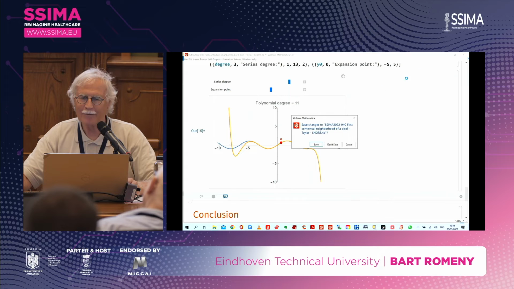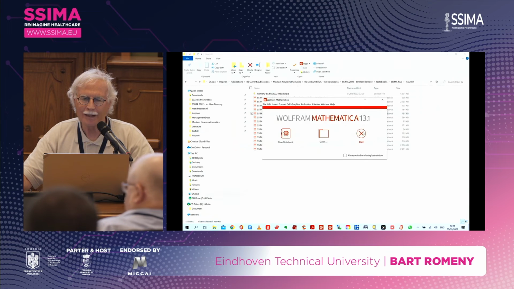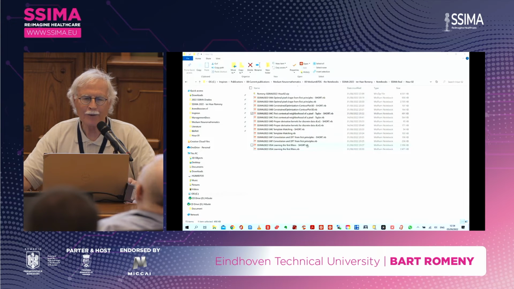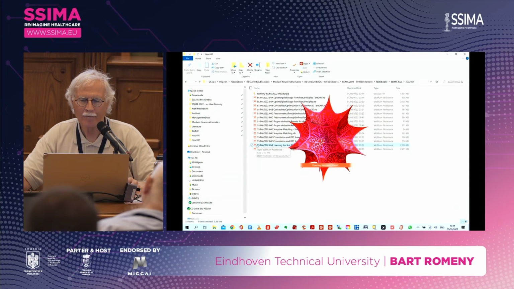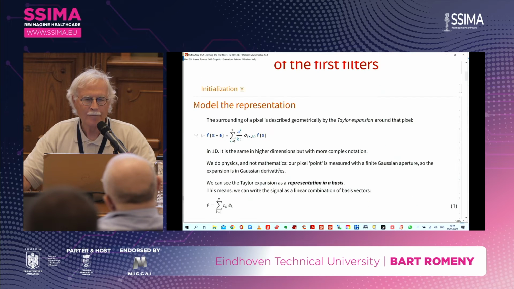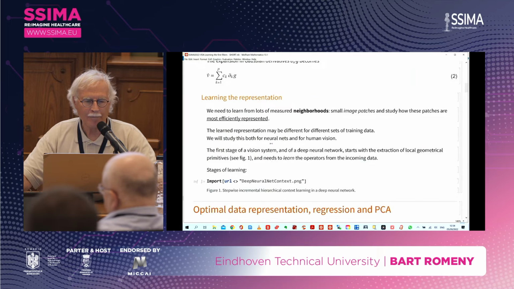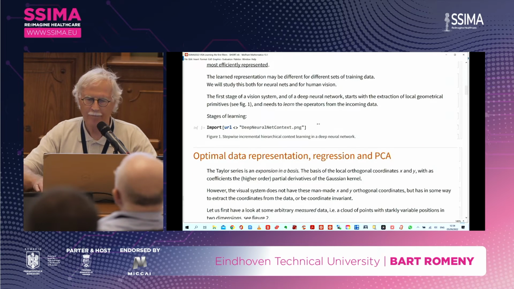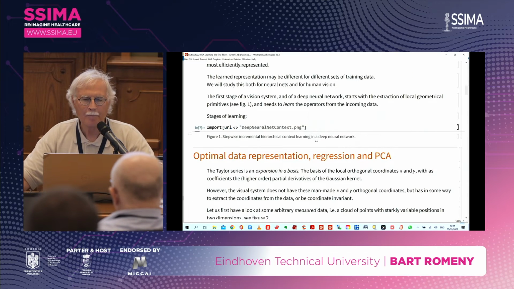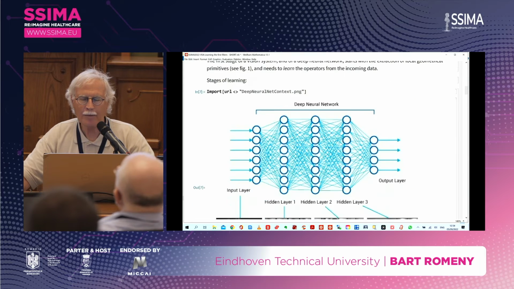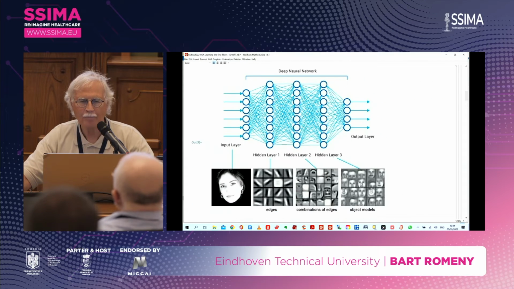I want to skip this and go to the next phase and learn the first filters. So let's do, we remember this image, and here we see the network, and I'm interested now in what happens here in this first layer.